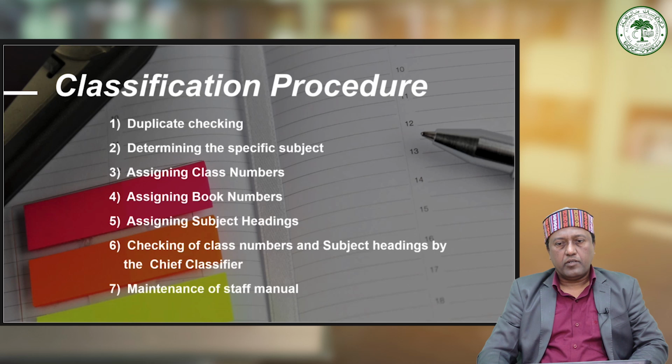If a document was published, suppose a book was published in 1933, it will be simply represented by N33, where N represents the century and 33 represents the actual year number. So this is how the Colon classification is used for assigning the book number.